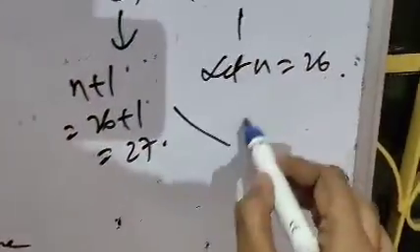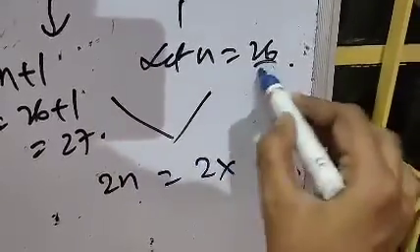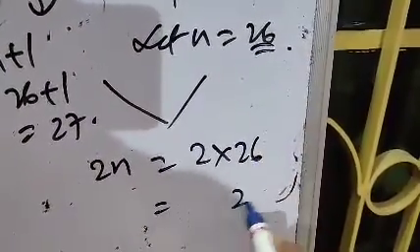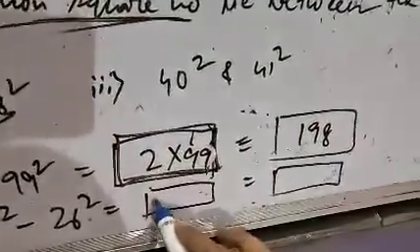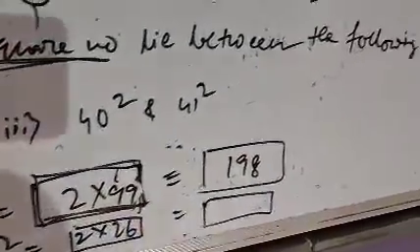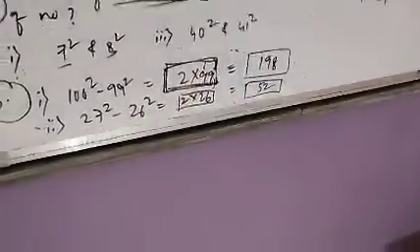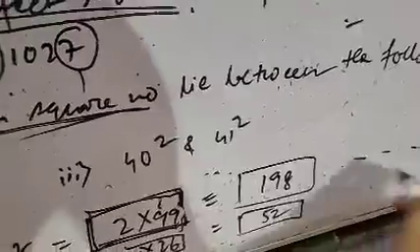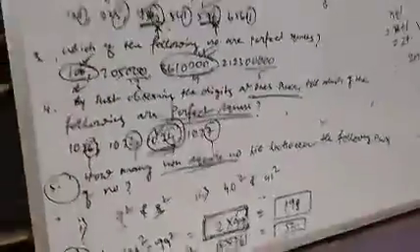The rule is there are 2n non-square numbers, the value of n is 26, so the answer is 2 into 26, that is 52. Clear? There are 4 or 5 more questions. You will do them as homework. So this is all about lecture 3. In the next session we will do the rest of the sums. Okay, thank you.